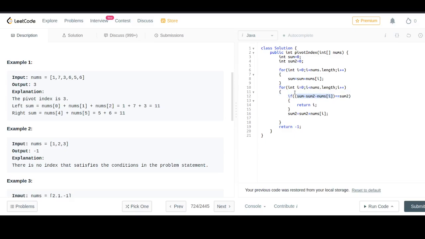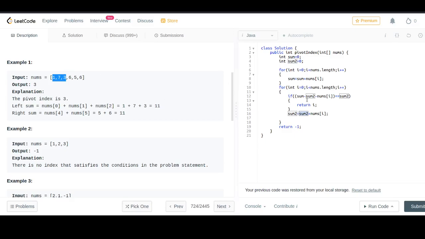So this value represents the sum of all the right elements. For i equals 0, the left side is initially 0, and that is not equal to 27, so the condition fails. If the condition is not successful, we add nums[i] to sum2, iterating through and calculating the sum at every index.